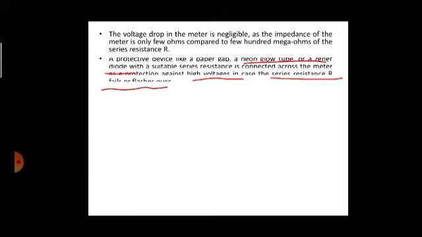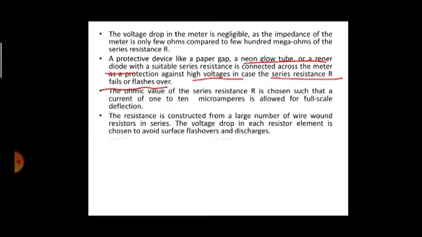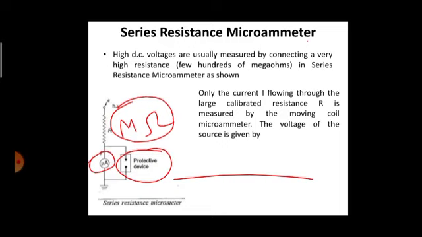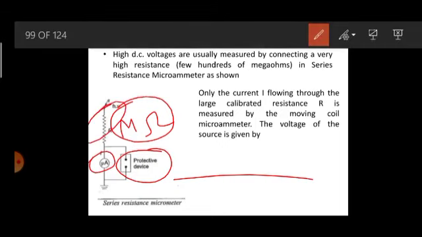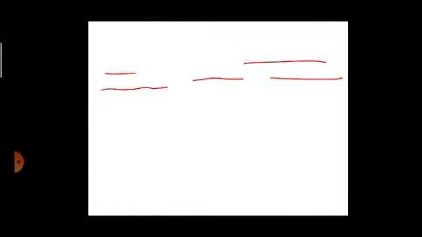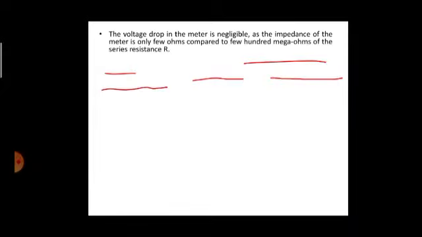It means that if this resistance fails, the high current should not pass through the micrometer. If it does, my measuring kit will be damaged. So to protect the measuring device, we connect one more protective device in parallel across the micrometer.